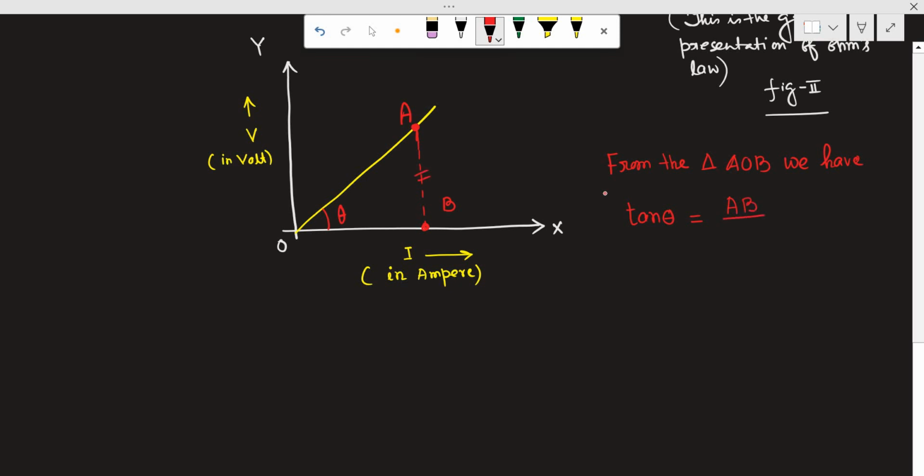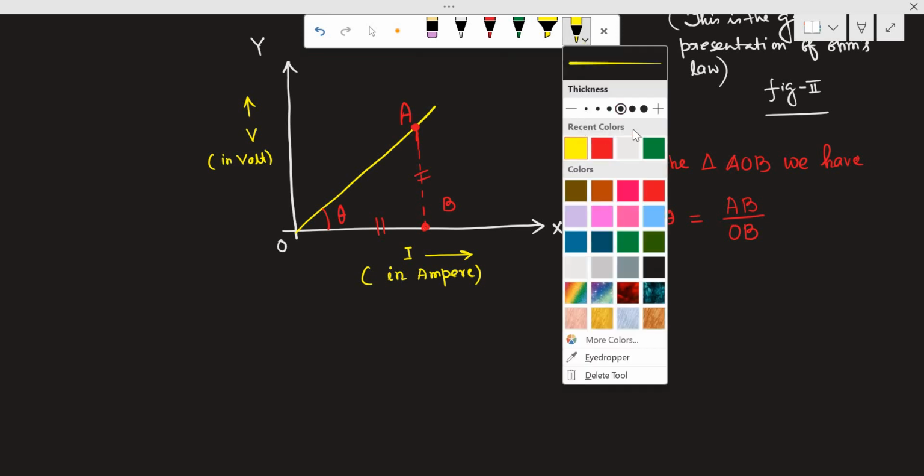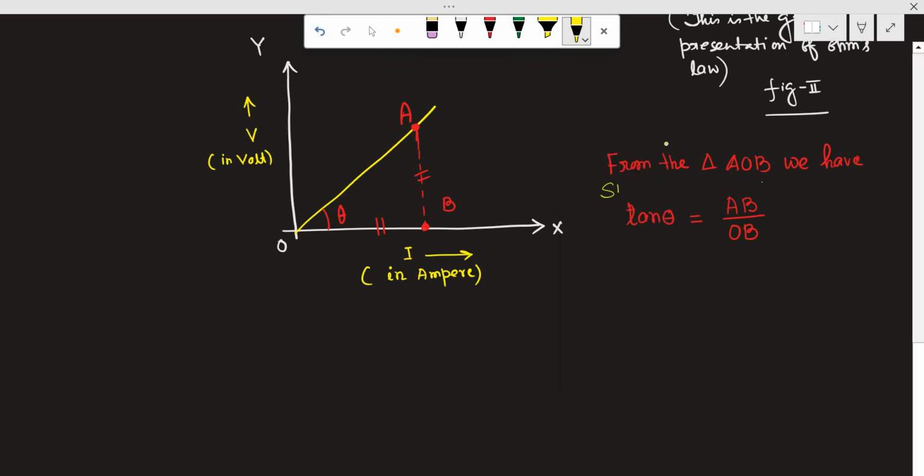Perpendicular is AB, base is OB. So what does tan theta provide us? Tan theta basically provides us the slope. So here I am writing slope: tan theta equal to AB by OB.